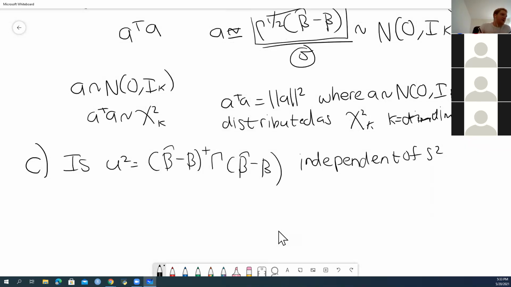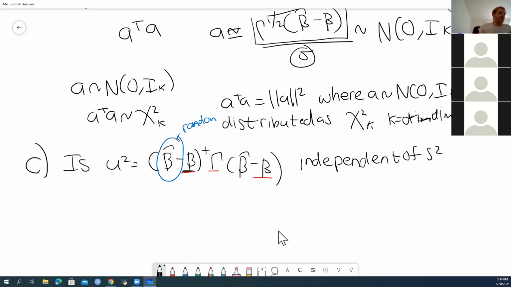So u squared is a function of beta hat. Remember, this is a constant, constant, constant. So the only randomness comes from beta hat. That's something to remember. Gamma is x transpose x, which is a constant, the x vector.